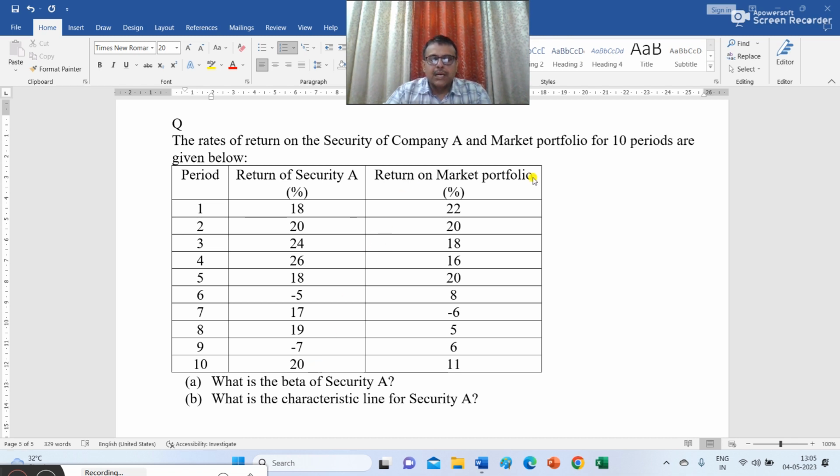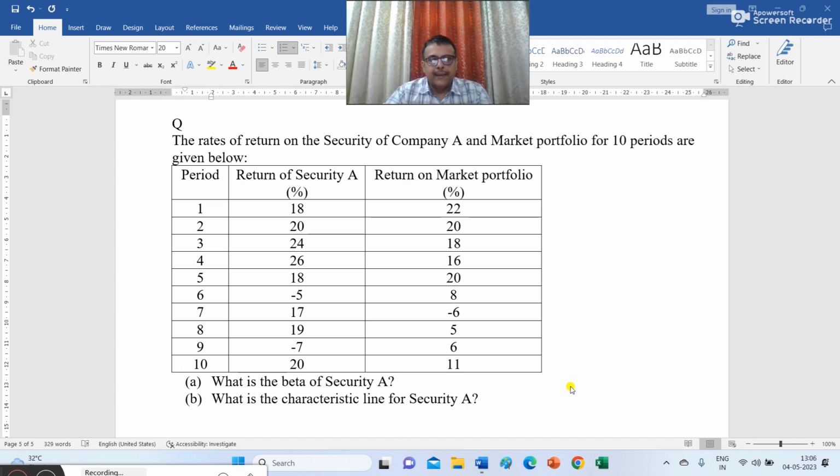And the return on market portfolio, also given in percentage, are 22, 20, 18, 16, 20, 8, minus 6, 5, 6, and 11. We need to calculate what is the beta of security A and what is the characteristic line for security A.